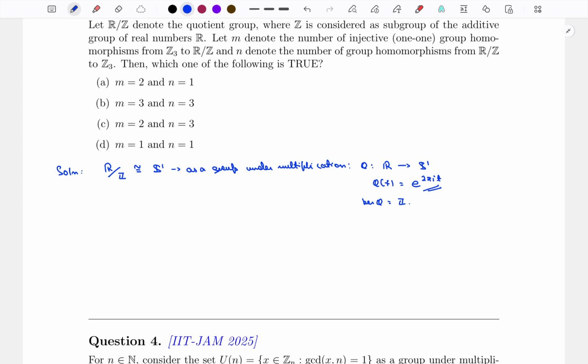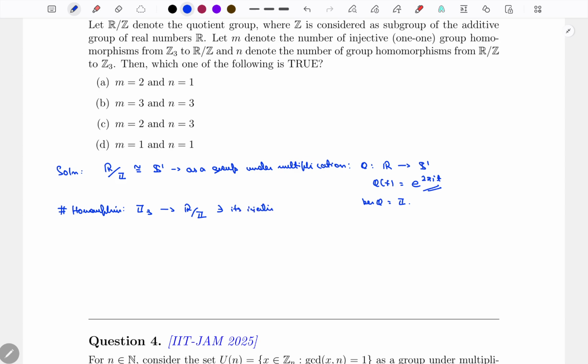Nevertheless, the first thing we need to understand is that we are asked the number of homomorphisms from Z3 to R mod Z such that it's injective.